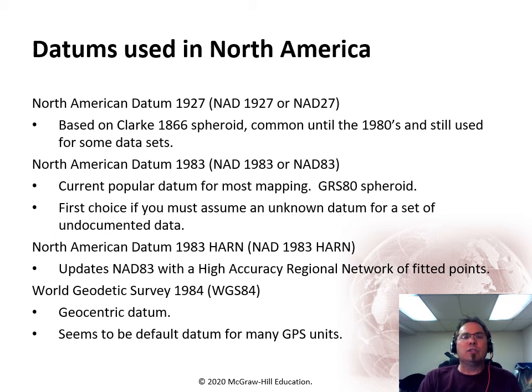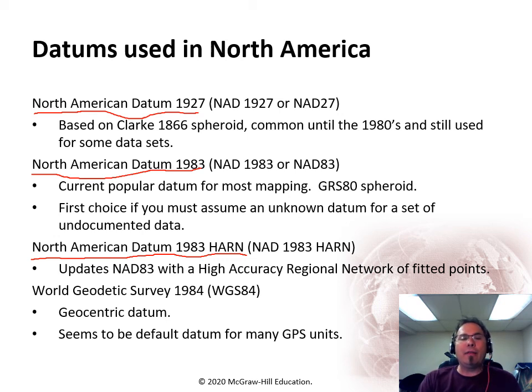All right, so we have four main datums. You have North American datum 1927, which you'll also hear me say NAD 1927 or even shorter, NAD 27, because who wants to talk more than you have to. You have NAD 83, which is an updated version from 1983. This is by far the most current one and most popular. Okay. And then they updated that a little bit more with NAD 83 HARN, which is the high accuracy regional network.